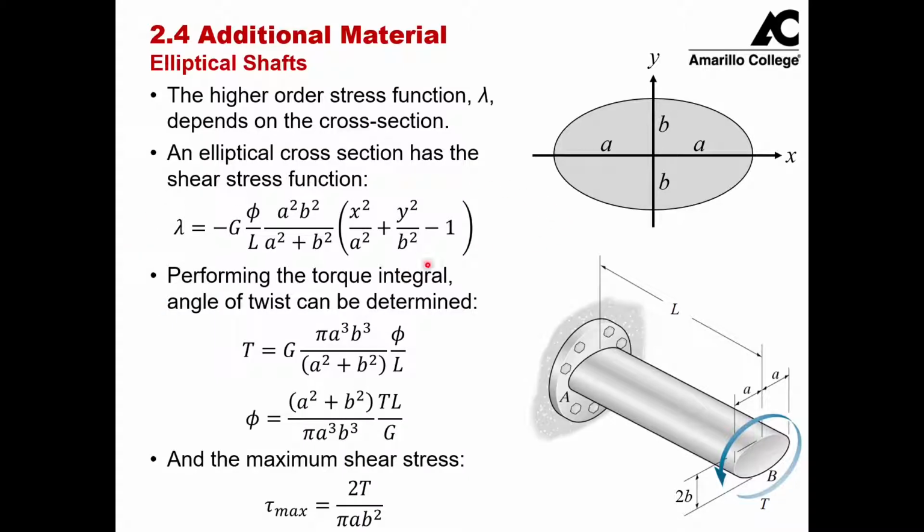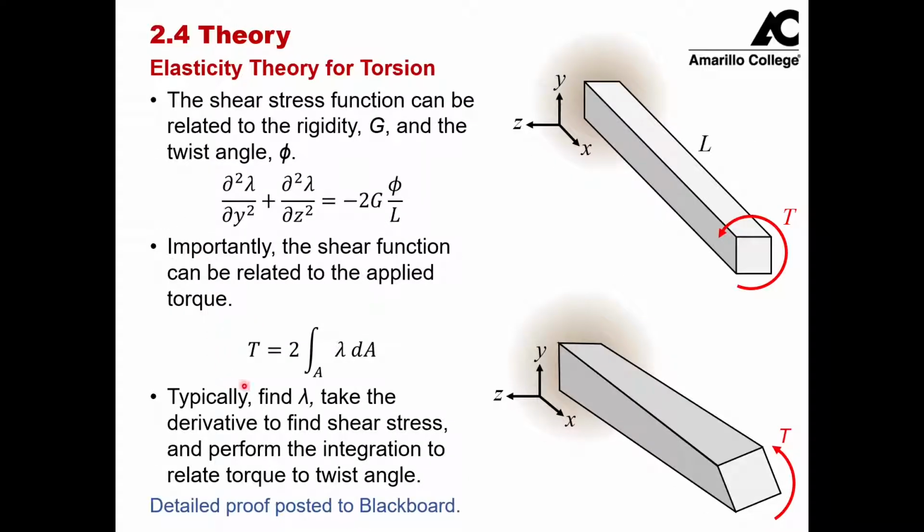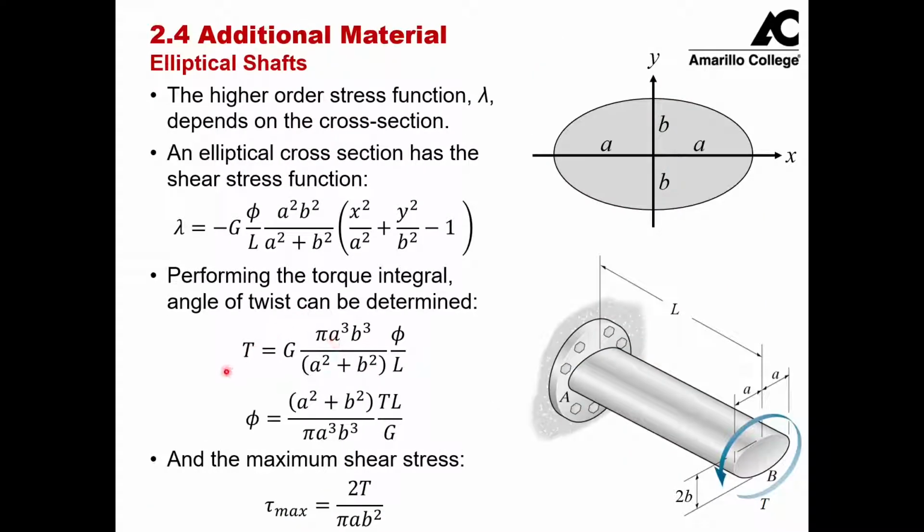So once we have this higher order shear stress equation, we can plug it back into this integral, and we can use that in order to find a relationship between the torque and the angle of rotation phi. And then we can solve the equation. We just solve it for phi in order to get the angle of rotation as a function of this torque, right? As a function of this.